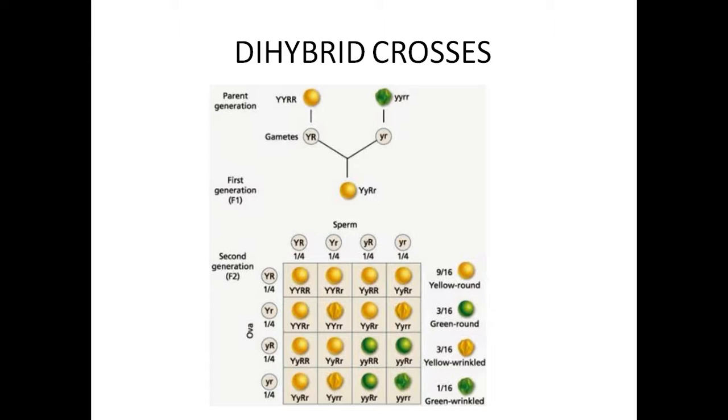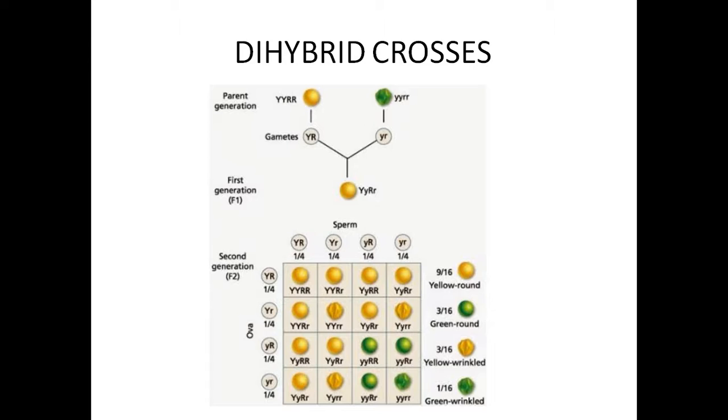A dihybrid cross is a cross between two parents. These are the parental generation, one parent and the other parent. We are making a cross between two parents with two characters, two pairs of characters.